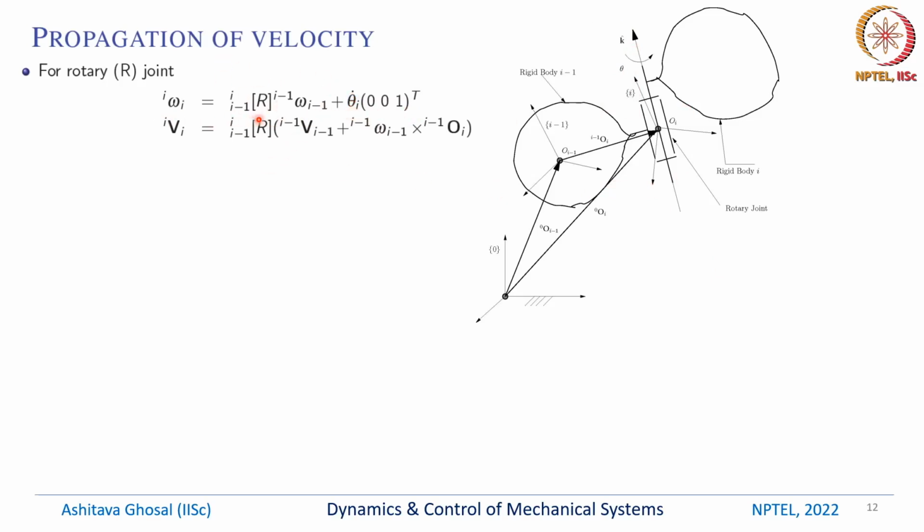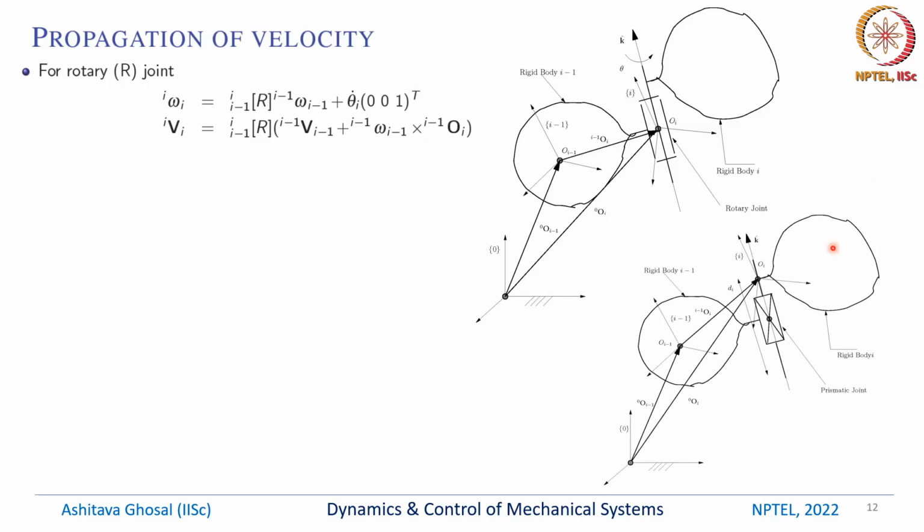And again, all this pre-multiplication by a rotation matrix is to write it in a suitable, convenient form. Similarly, the linear velocity of this ith rigid body is nothing but the linear velocity of the previous rigid body plus omega cross r. Again, all these matrices and other things are there to make it consistent and write it in a desired form.